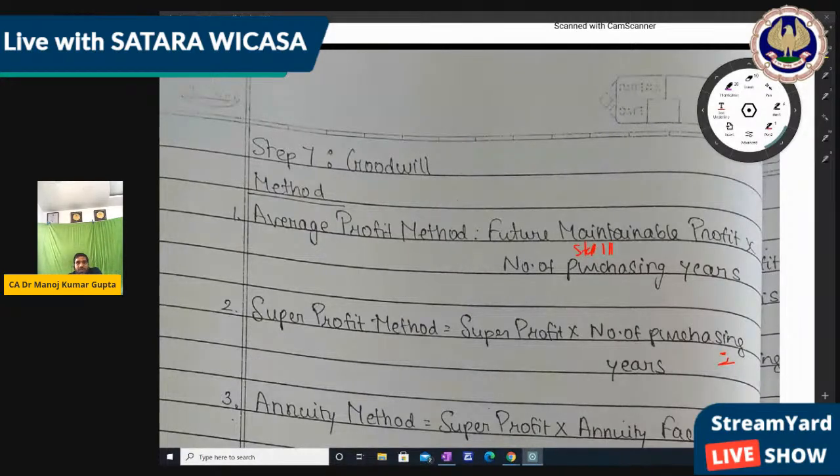Then super profit method: super profit multiplied by number of purchasing years. Okay, friends, now super profit you get from step 5, multiplied by number of purchasing years, that is step 6, right? So step 5 into step 6.